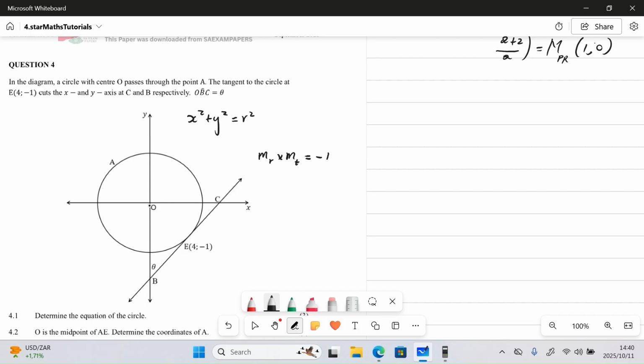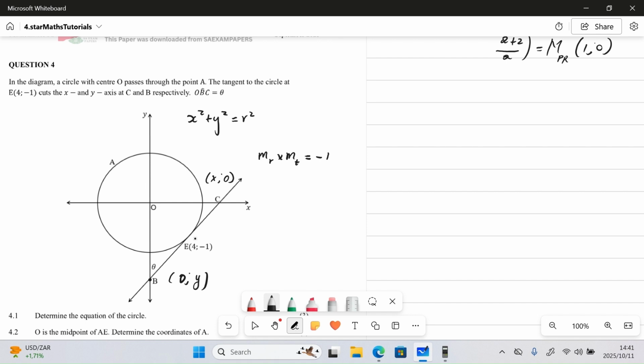We are also given a tangent, yes, that is this point. So the tangent also touches the circle at that point, where we don't know the value of y, but we know the value of x. That is our y-intercept, respectively. We're given angle theta.